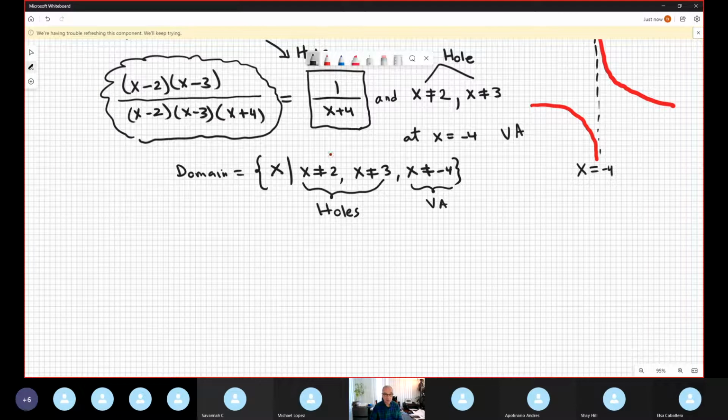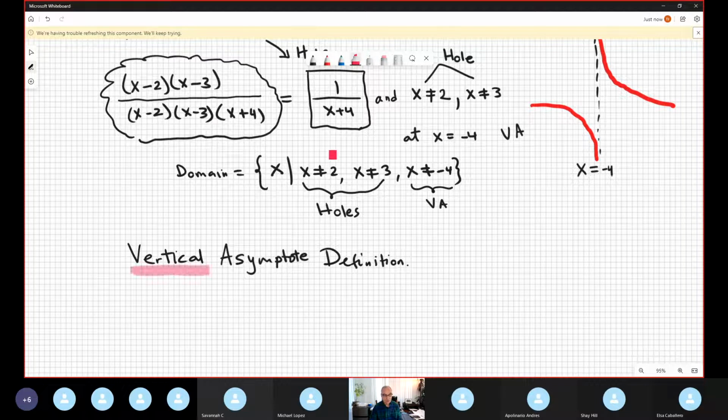Entonces, basically, what is the formal definition of the vertical asymptote? Well, definition is: when the x value approaches one specific number, in this case negative 4, but in general I want to call it C. C is negative 4 in this problem.